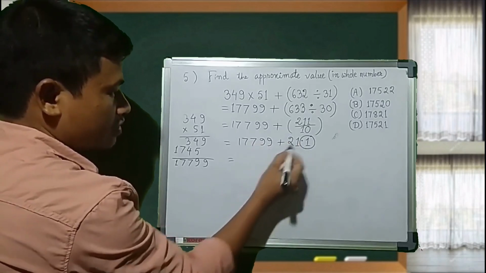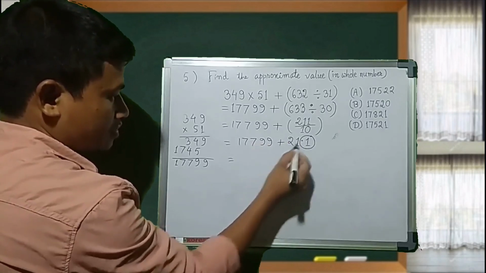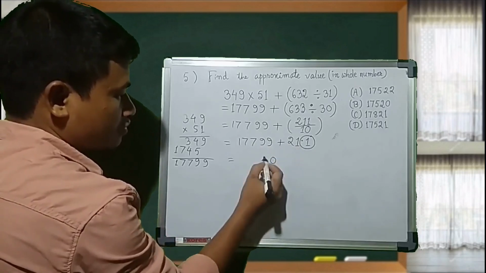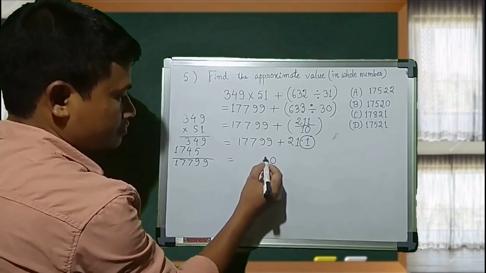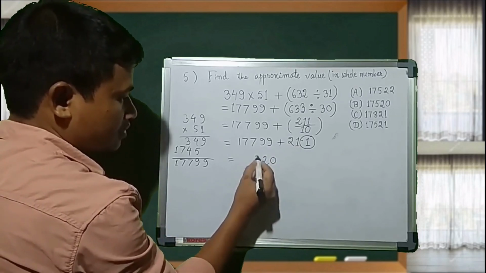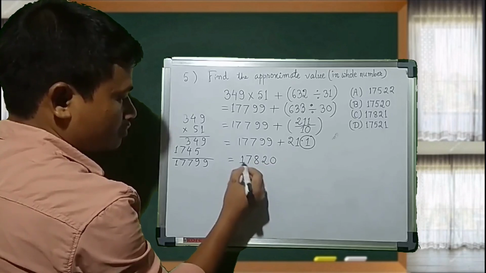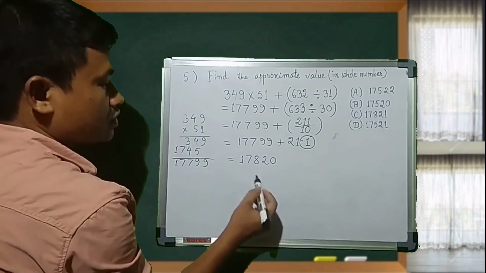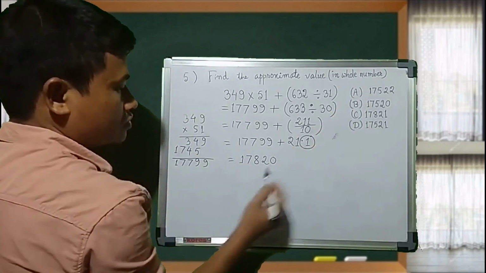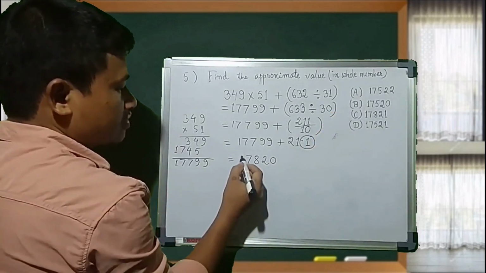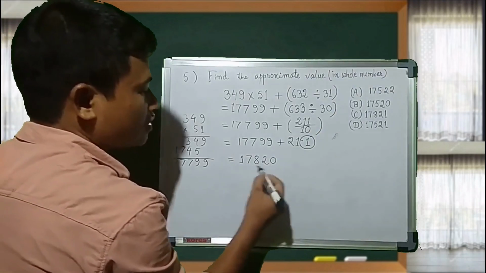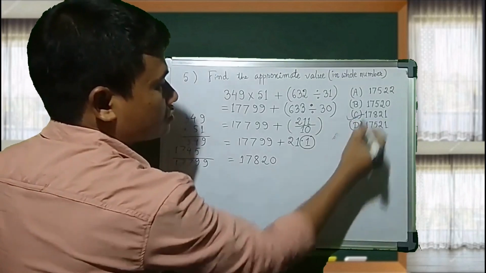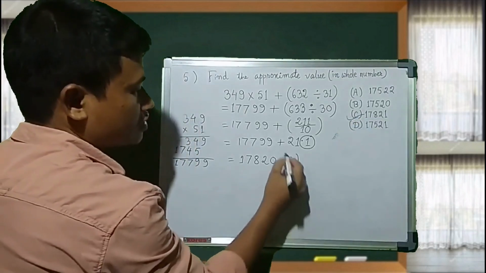So how much will we get? 17820. Now look at the options, and this number is very close to 17820. I think this number is very close to option C. So C is the correct option.